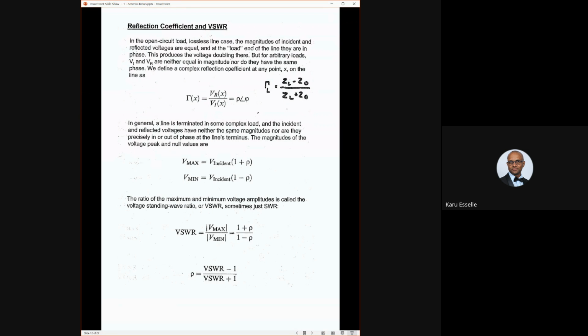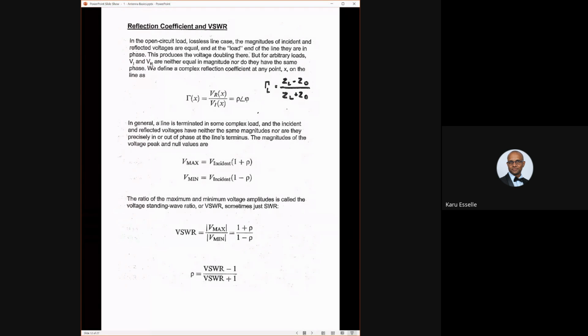So when the antenna is not matched perfectly to the transmission line, when you apply a wave to the transmission line, that means you created the incident wave, incident voltage Vi, and part of that is reflected by the antenna, and that is the reflected wave VR.